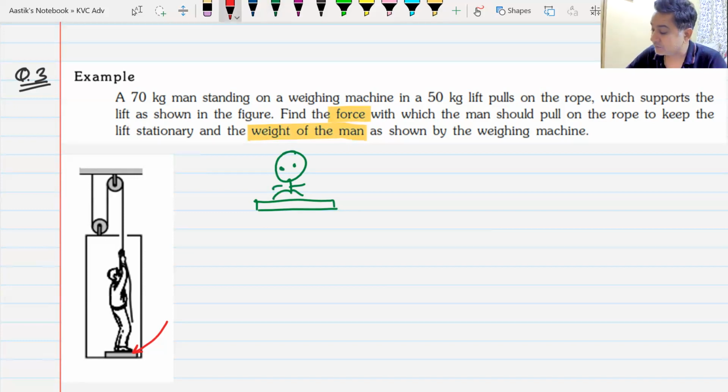If I draw the free body diagram of the man, the weight of the man is going downwards. The normal reaction from the weighing machine is going upwards. Which value does the weighing machine tell us?